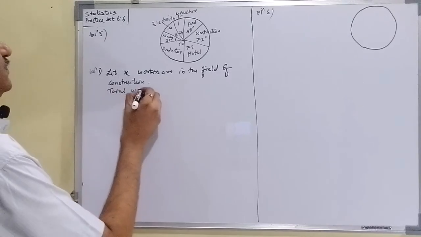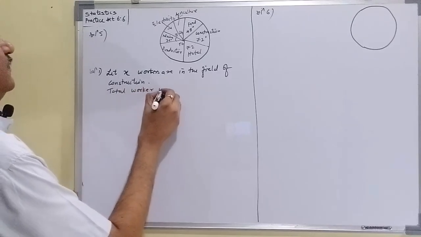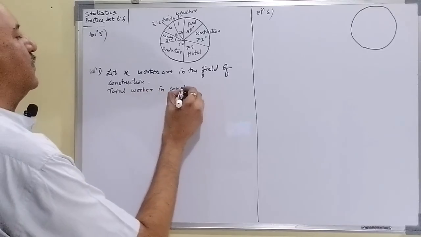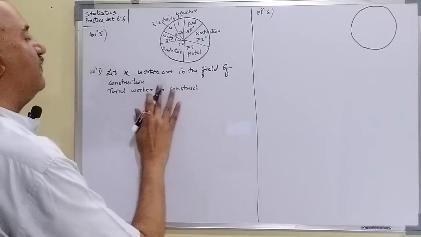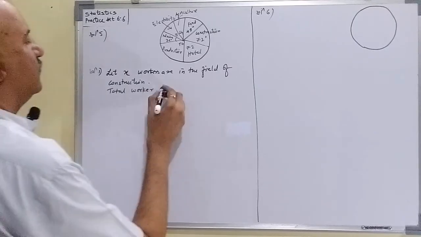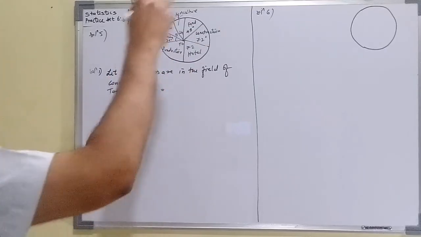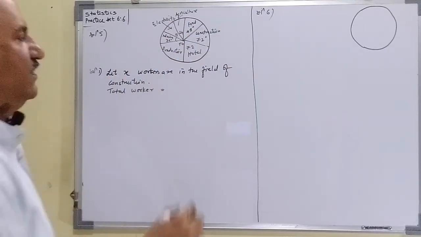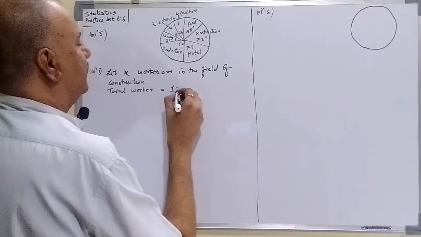टोटल वर्कर्स इन कंस्ट्रक्शन, टोटल वर्कर्स is how much total worker, मतलब सब in all the fields, सब फील्ड में मिला के it is 10,000.